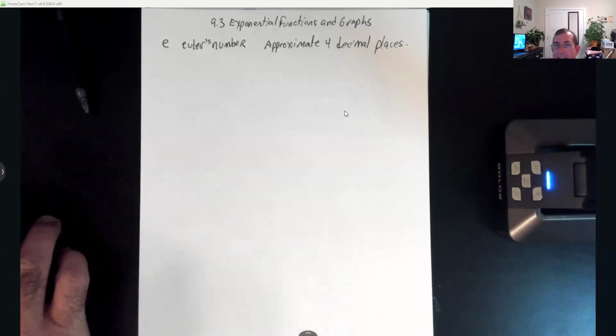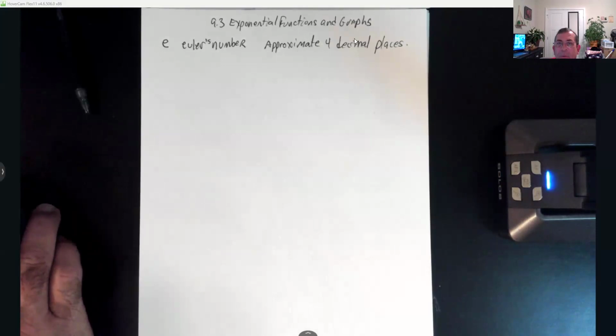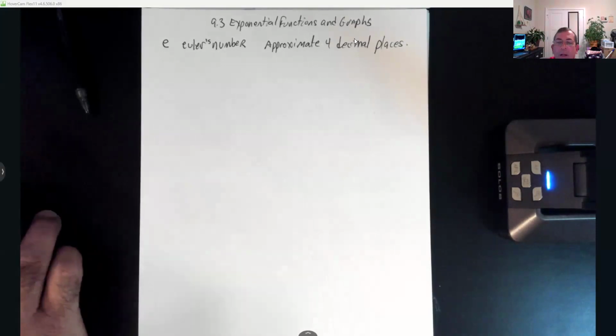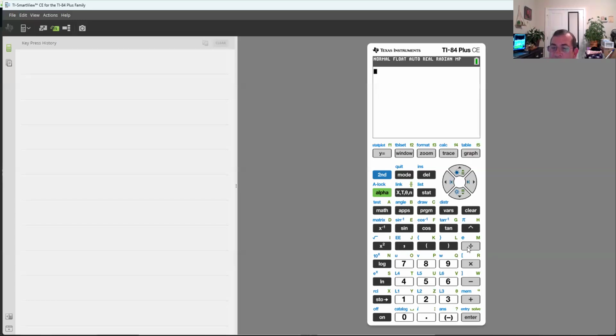There are 2 places, actually. I'm going to share my calculator. If you just want e by itself, look right above the divide sign on the calculator and you'll see a blue e. If we hit the blue second button and then the divide button, that brings e on the screen, and if we hit enter, it gives us what e equals.